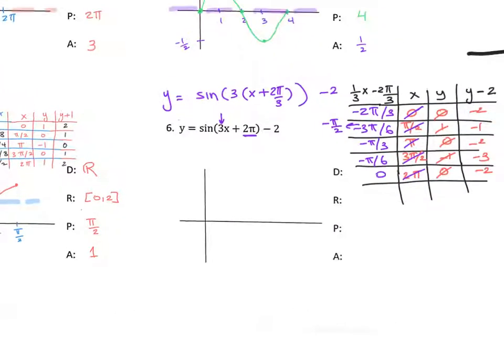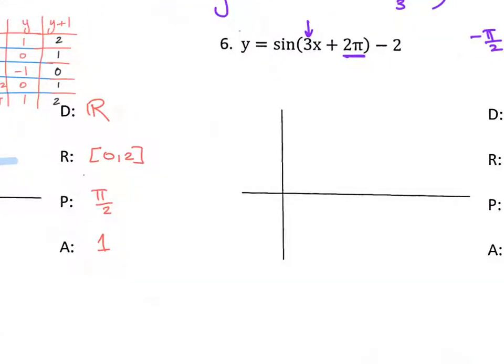So apparently my graph is going to be on the left side. So let me erase here because I need room. Okay, so it's going to be 0 and then -5 pi over 6.